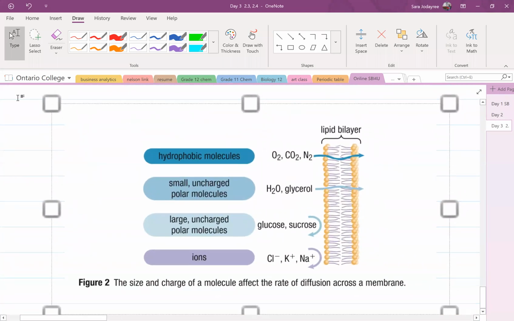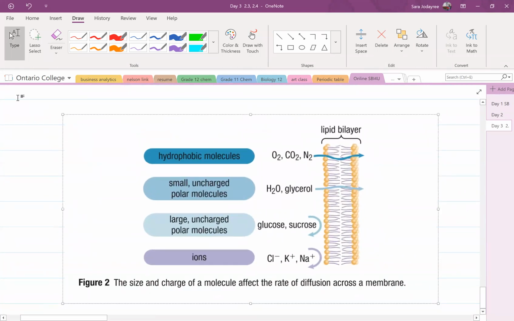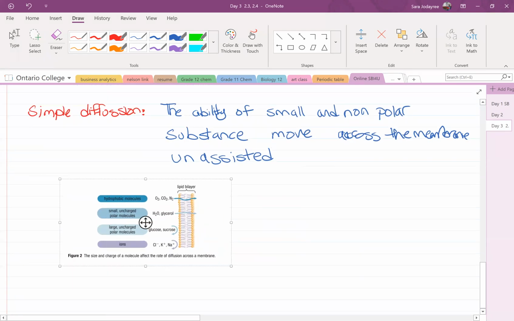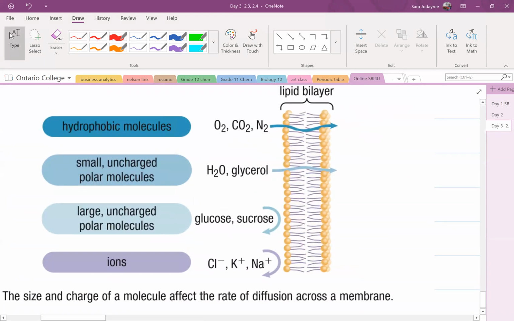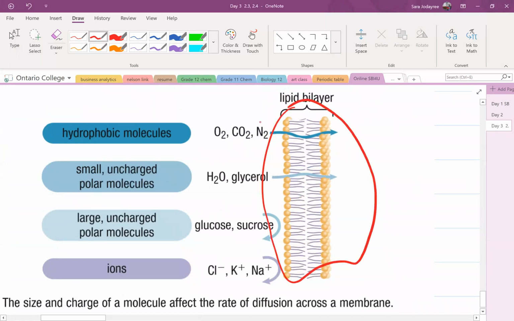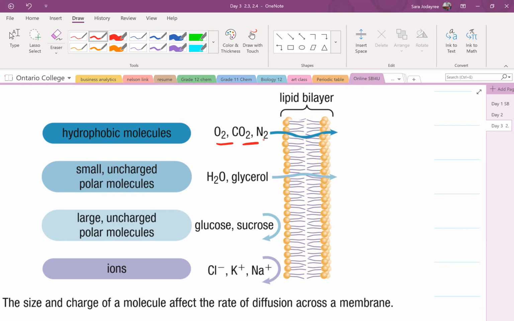Let's look at this picture here. In the definition, first of all, it said small and non-polar substances move across the membrane. So let's look here. This is a picture of a membrane. And I have oxygen and carbon dioxide, and they are soluble in the hydrophobic interior of the membrane and move from one side to another. So the oxygen moves. Next in the definition, that was my small molecule.